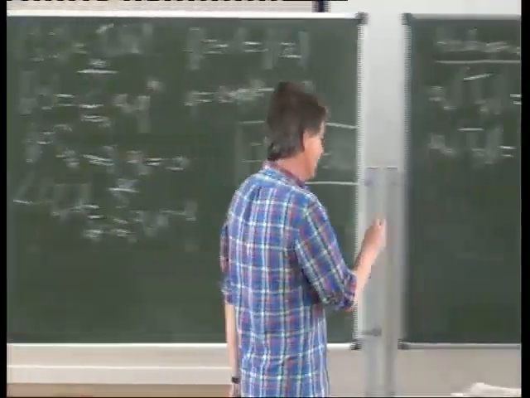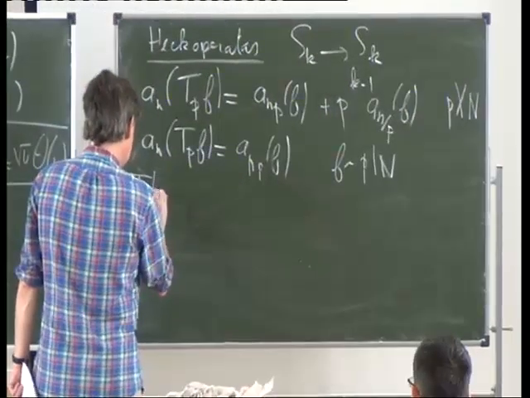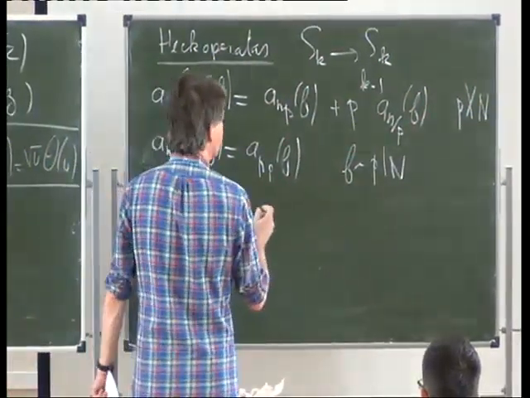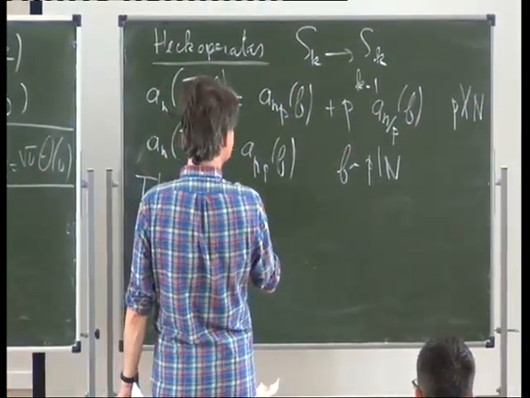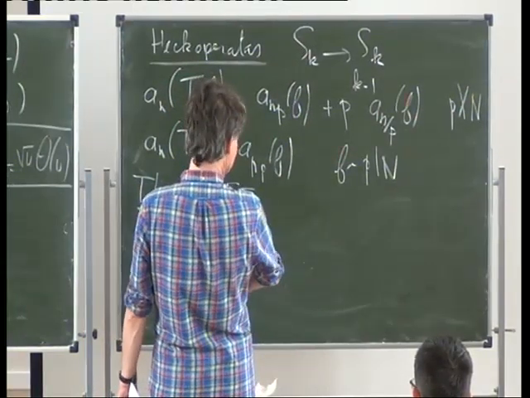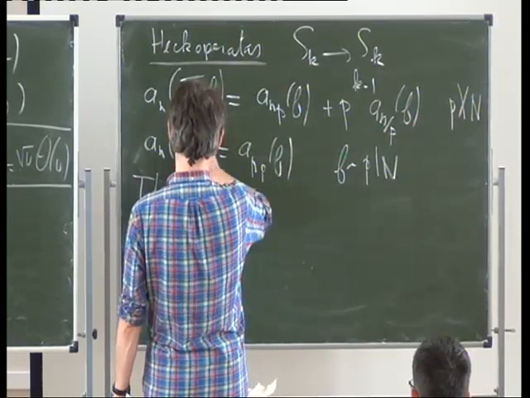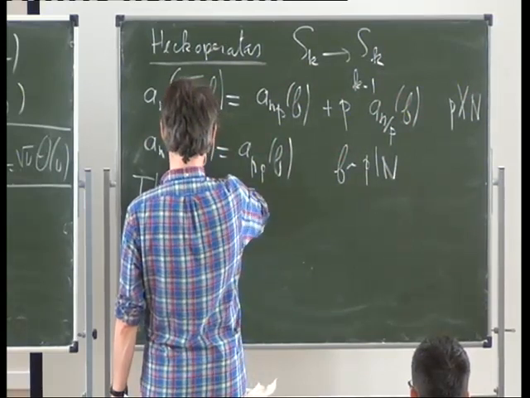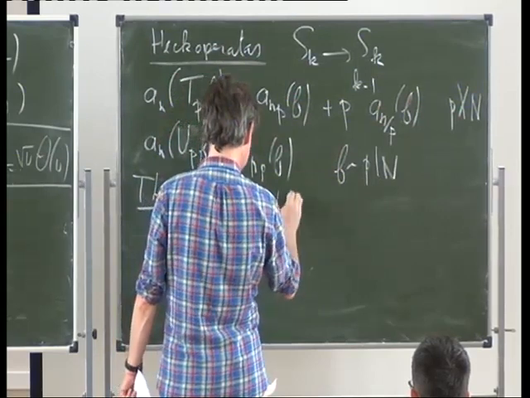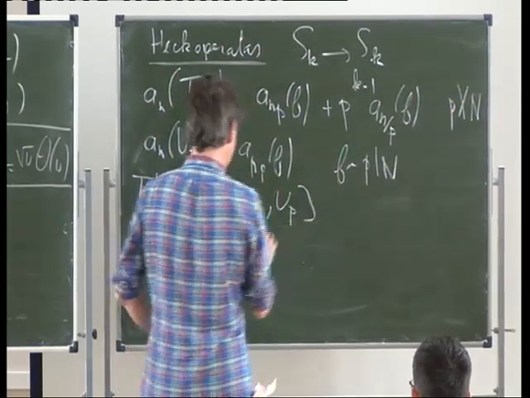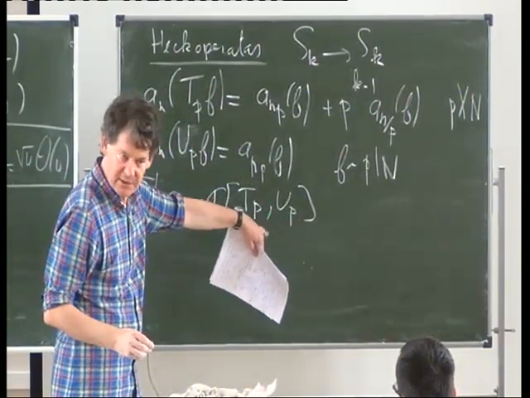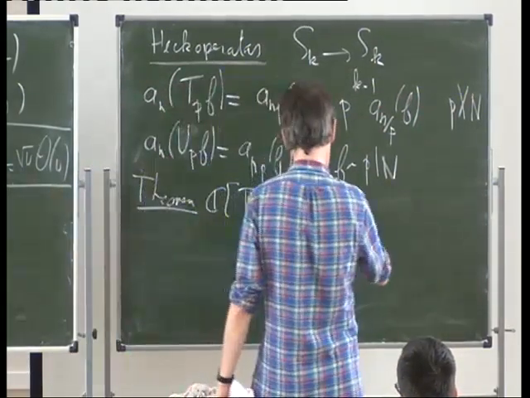So the main theorem is that the algebra generated by the T_p, for p not dividing n, and the U_p, for p dividing n, is commutative.